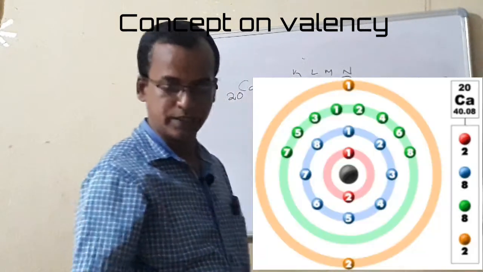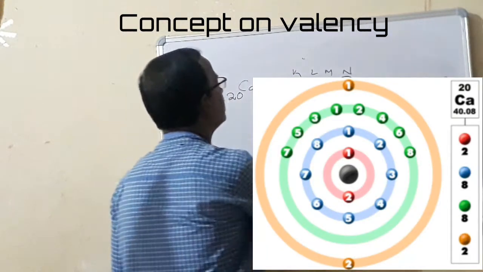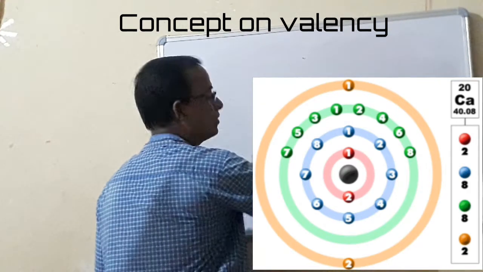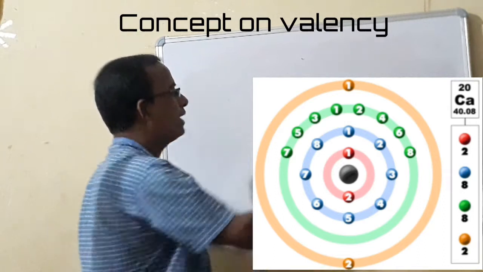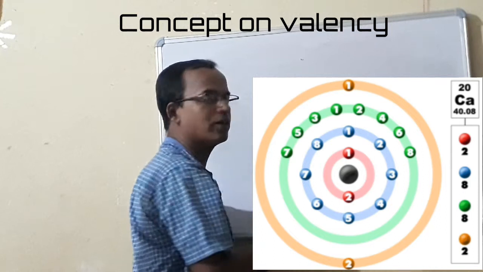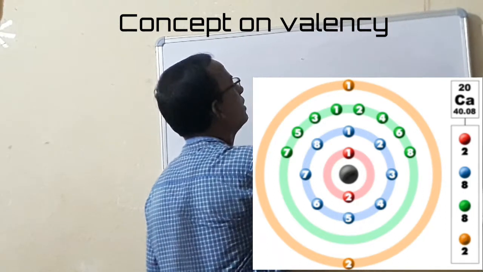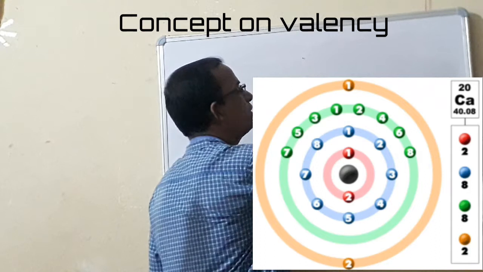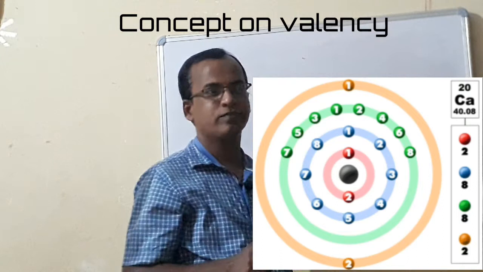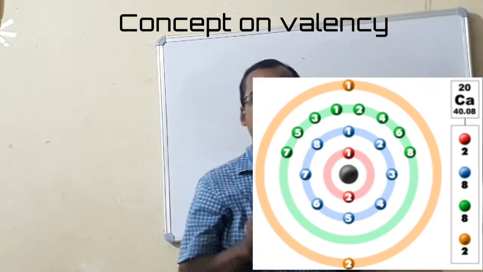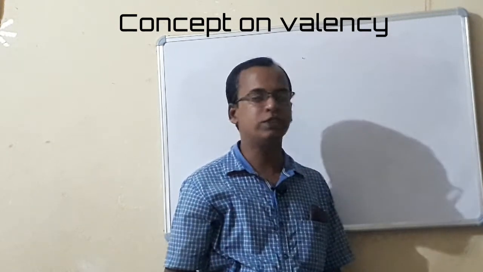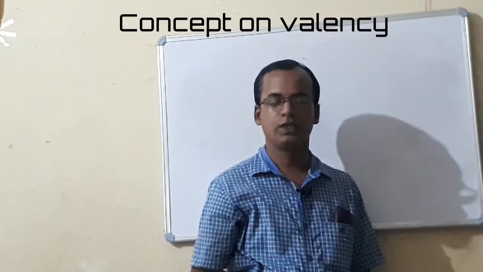Its orbital structure diagram is: in the first shell, K shell, 2 electrons, in L shell 8 electrons, in M shell 8 electrons, and N shell 2 electrons. So the last shell, or N shell, is its outermost shell, and the number of valence electrons is 2, so it loses these 2 electrons to be stable, and its valence is 2.